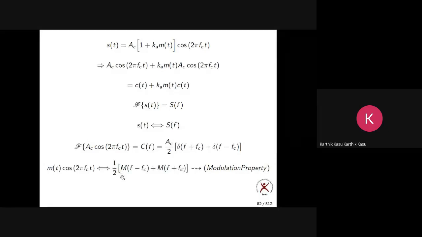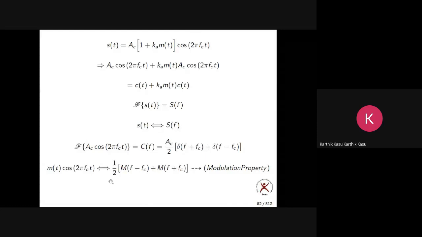It is called the modulation property, from Signals and Systems. Don't remember the formula; in Signals and Systems you should never remember the formula, you must remember the logic.